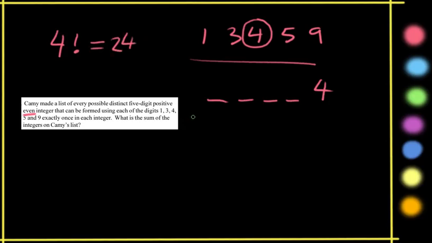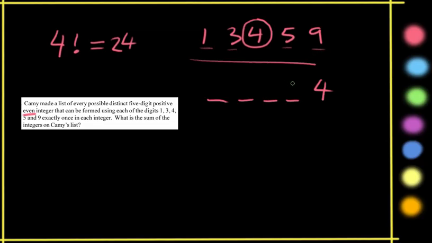And another thing that's important to realize is that each digit is going to show up the same number of times in the tens place, the hundreds place, the thousands place, and the 10,000s place. So you're going to have 6 ones, 6 threes, 6 fives, and 6 nines in the tens place.